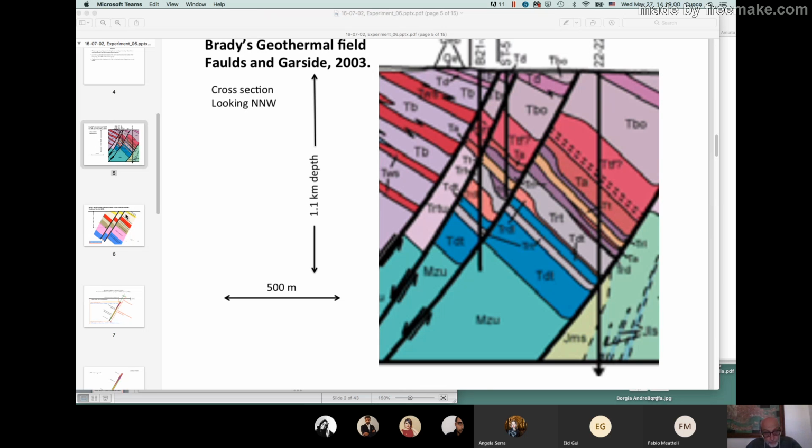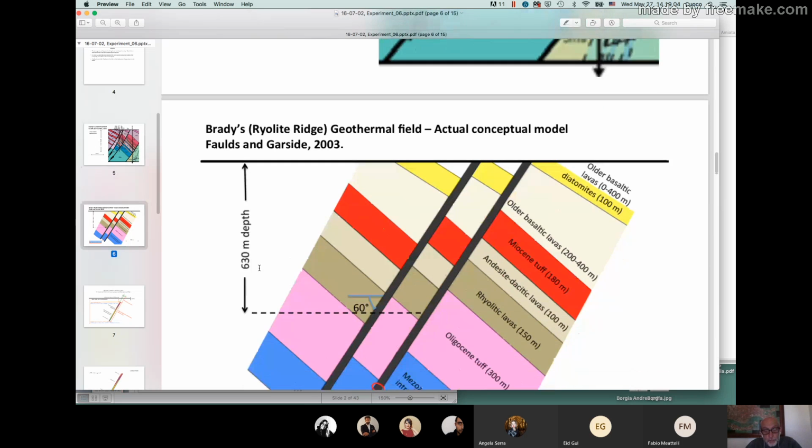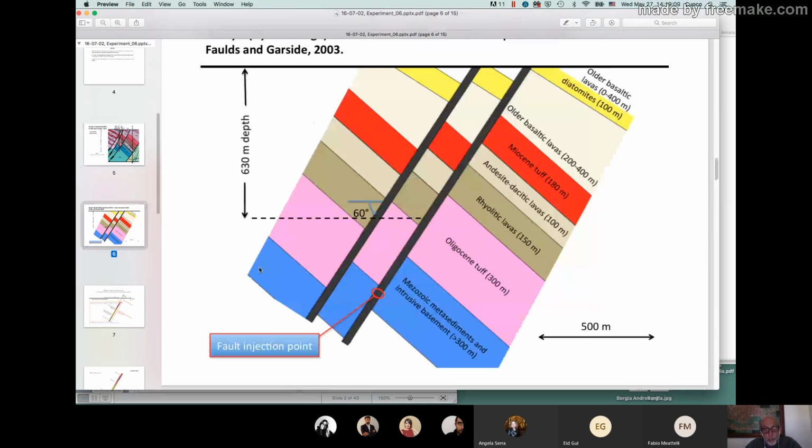The first thing that we have done has been to simplify our field model, making straight faults and inclined but straight rock units.